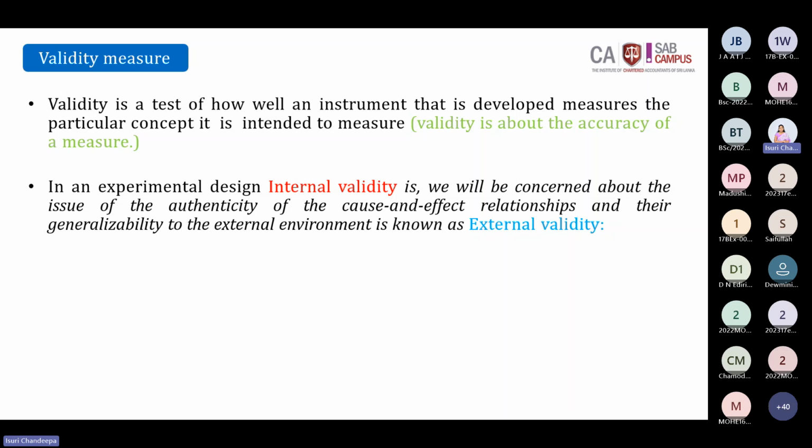How well an instrument that is developed measures the particular concept it is intended to measure. Researchers have objectives. Based on the objectives, they are collecting the data. So what do you mean by validity? What is the purpose?